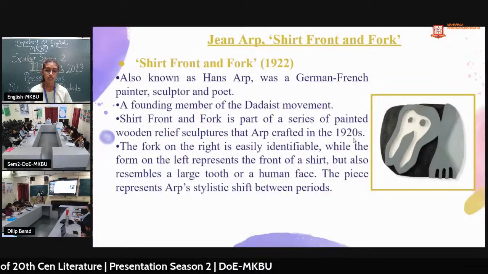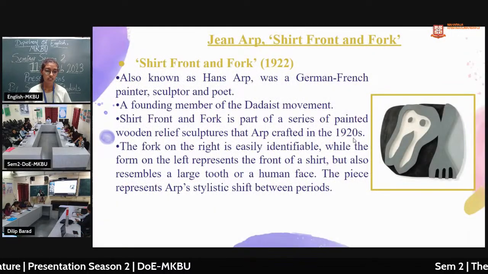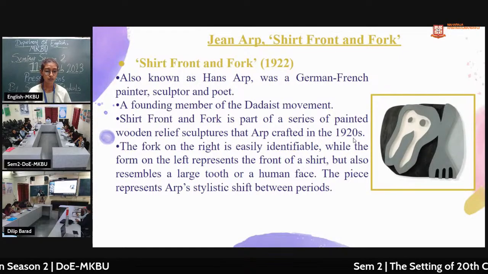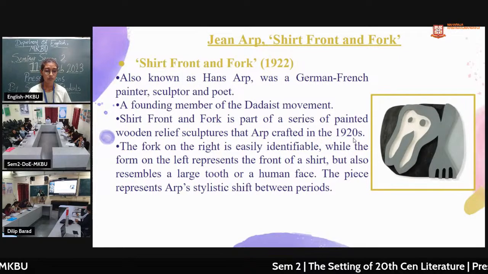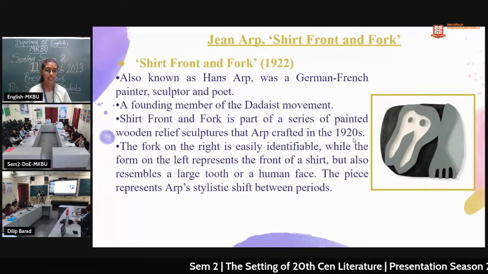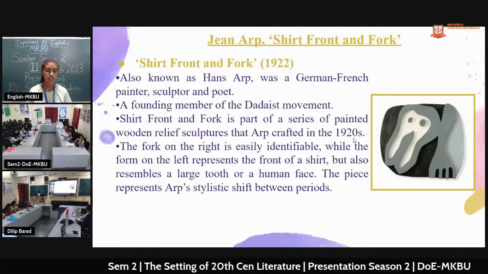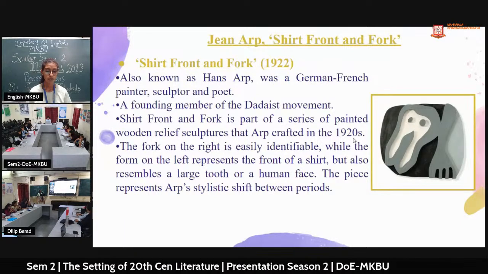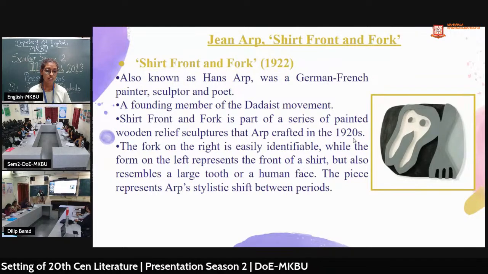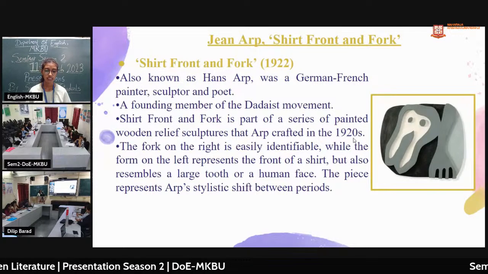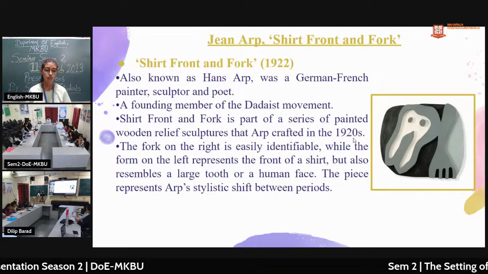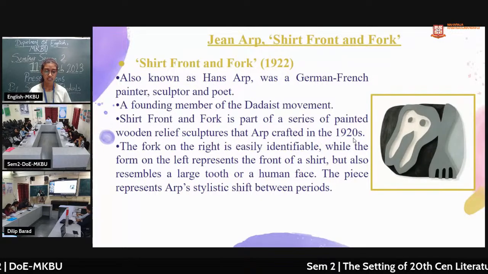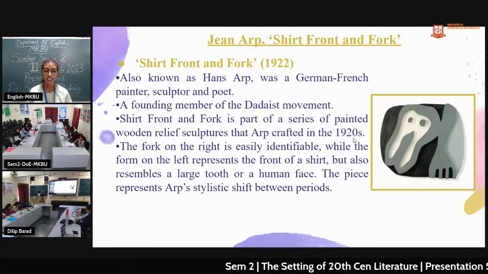Jean Arp's Shirt Front and Fork. Jean Arp, also known as Hans Arp, was a German-French painter, sculptor, and poet. He was a founding member of the Dadaist movement. Shirt Front and Fork is part of a series of painted wooden relief sculptures that Arp crafted in the 1920s.